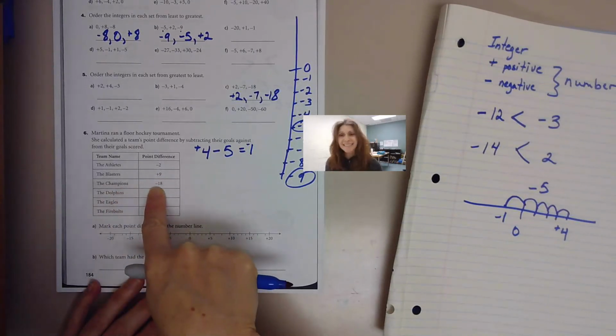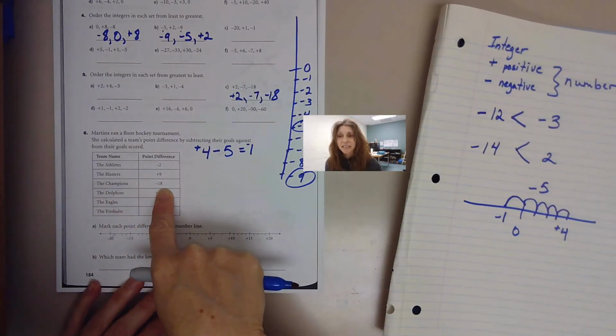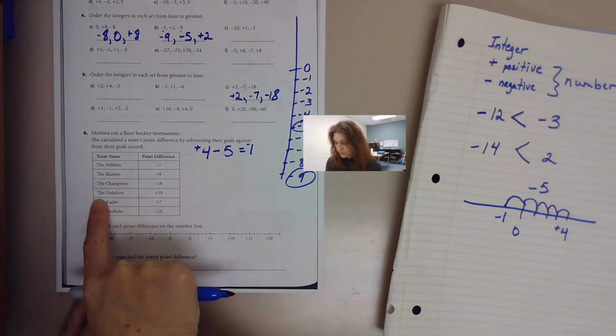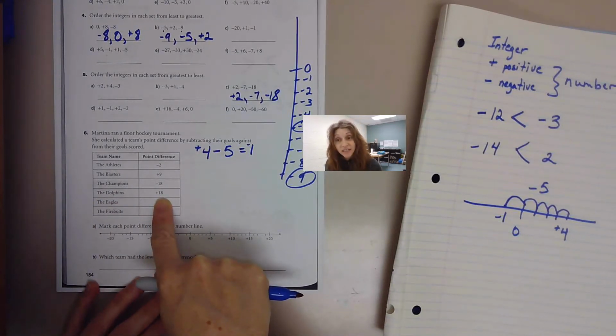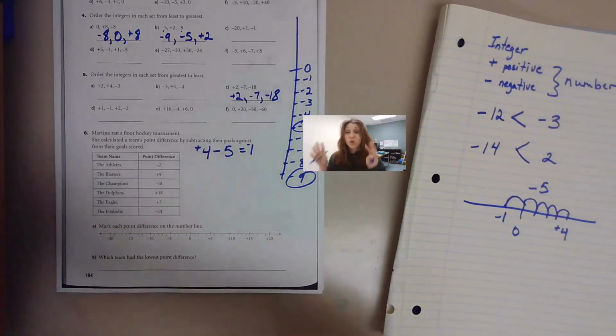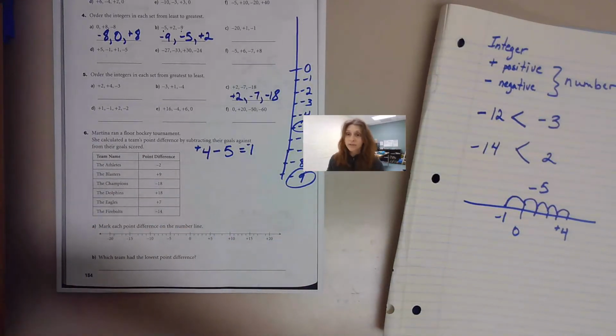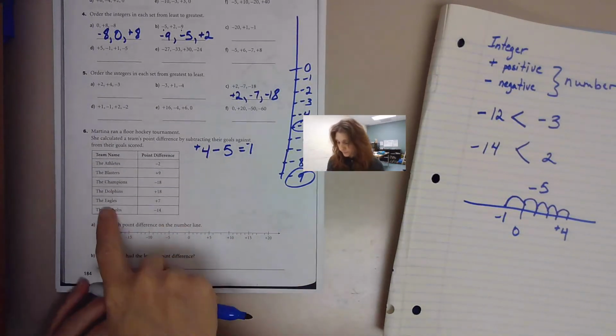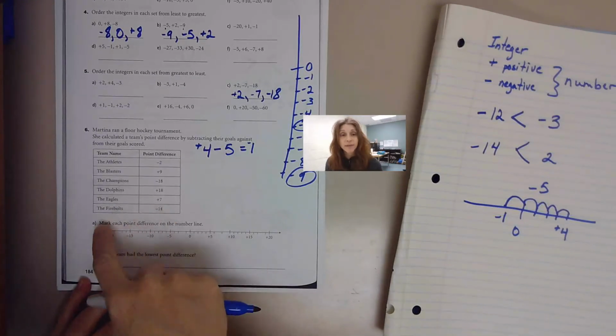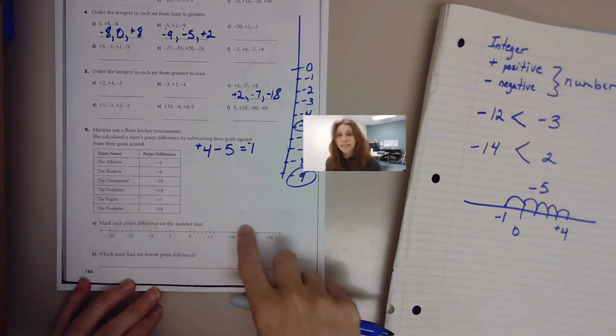The Champions, -18. Yikes. That means their opponents outscored them by 18 goals. The Dolphins, +18. They scored 18 more goals than the other teams. The Eagles, +7, and the Firebolts, -14.